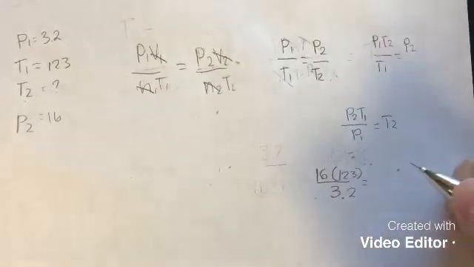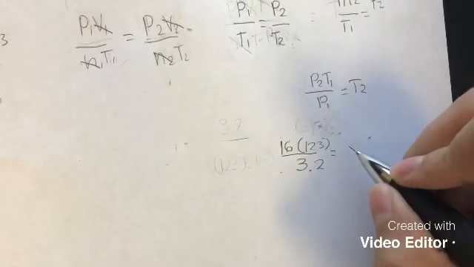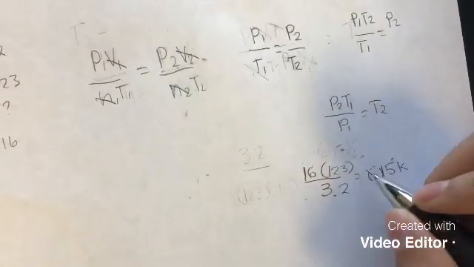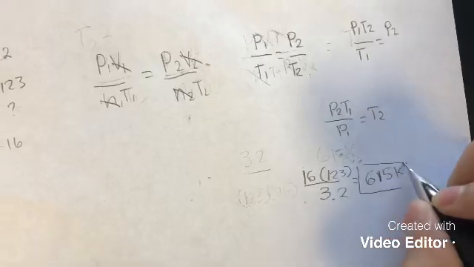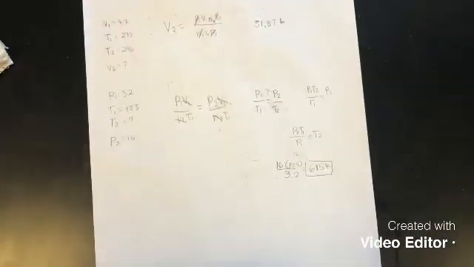And then calculator, you would get 615 Kelvin. So that's how you find temperature. It should be the same thing for moles, because it's at the denominator. It depends on your problem.